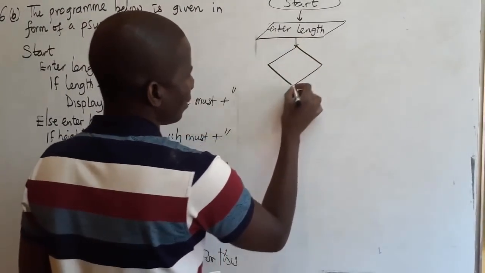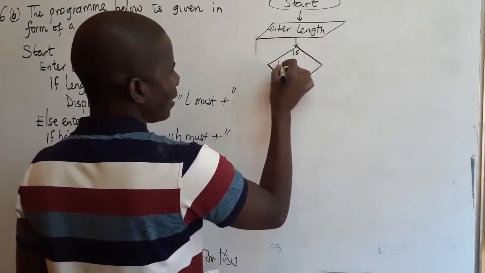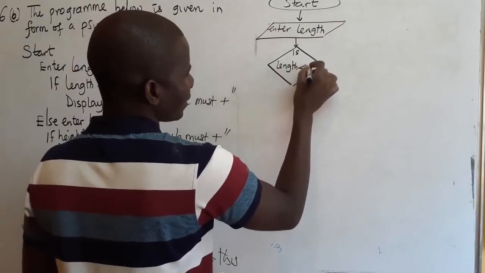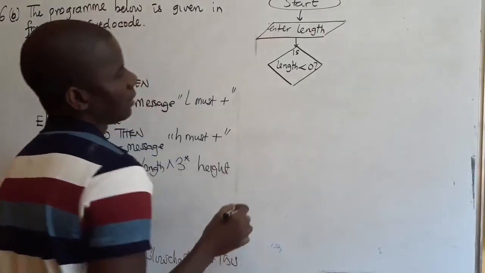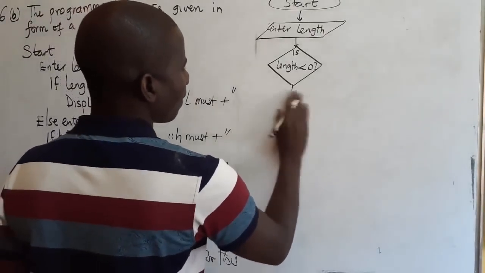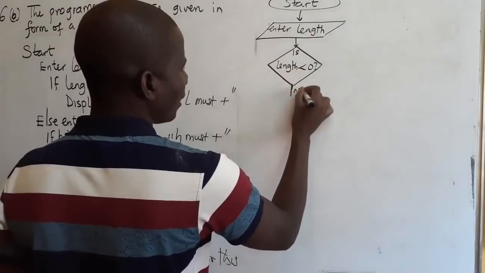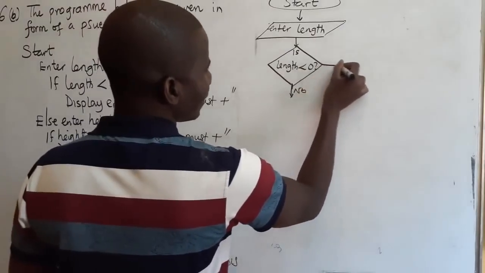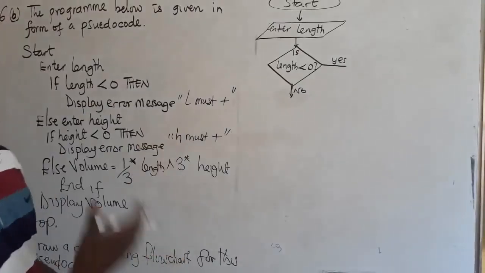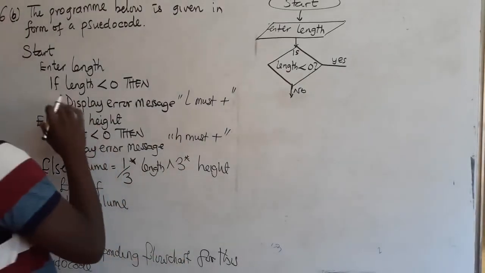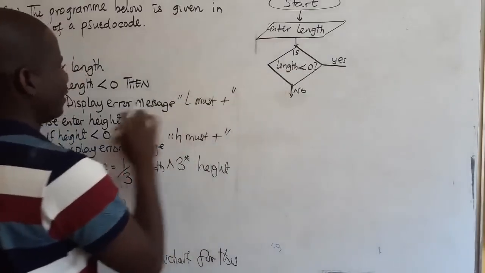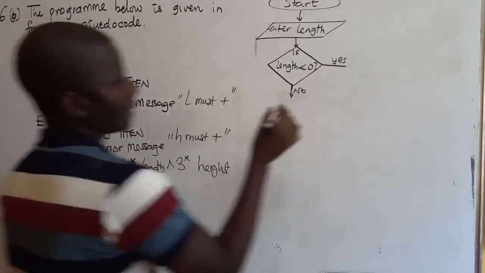So I'm going to say: is length less than 0? Put a question mark. We're going to have a no and a yes, because we have options. If length is less than 0, which is yes, then display error message.